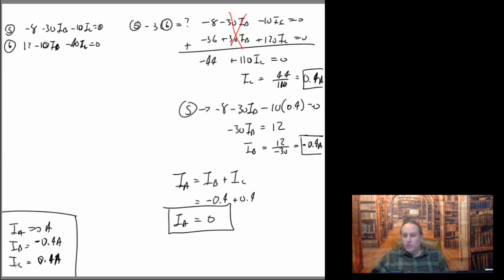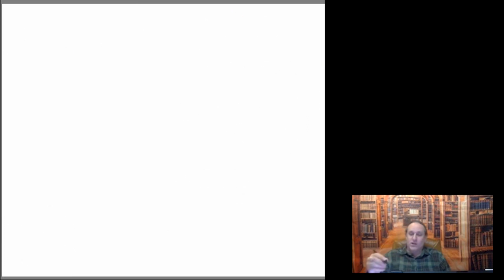Okay, I want to do a little more practice. I'm going to make a more complicated circuit, and we're not going to try to solve this one because it's going to be too complicated. We're just going to use it for practice writing down the rules.